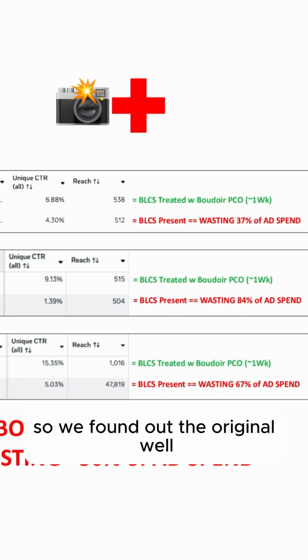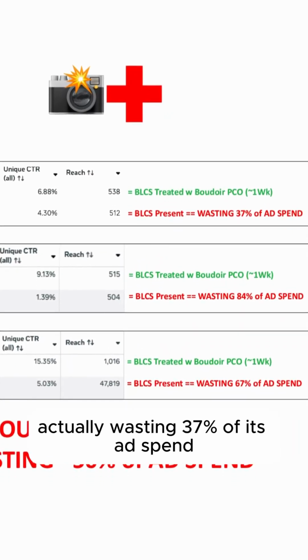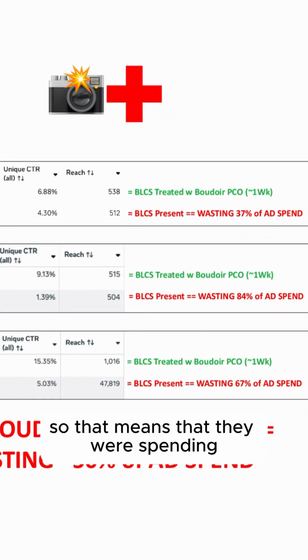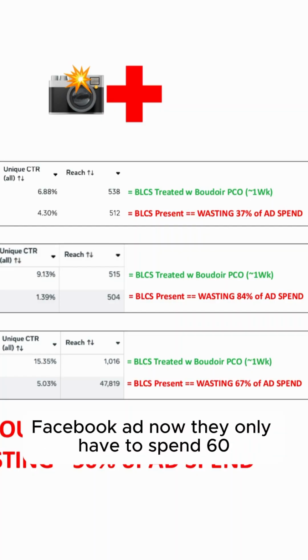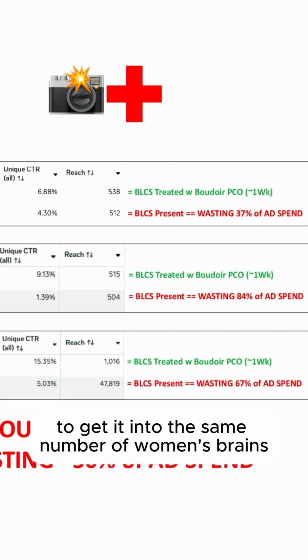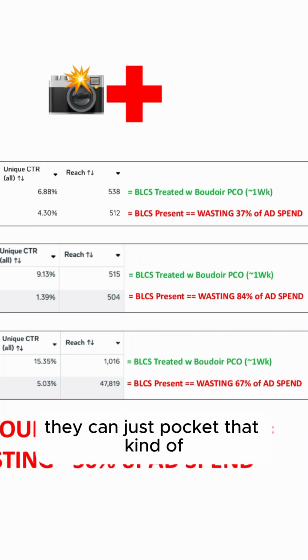So we discovered the original Boudoir Facebook ad was actually wasting 37% of its ad spend of what it could have been achieving. That means they were spending 10 grand a month on the original Boudoir Facebook ad. Now they only have to spend $6,300 a month on the Boudoir Pico treated ad to get into the same number of women's brains. So that difference, $3,700 a month, they can just pocket as a kind of phantom bonus, a Boudoir Pico bonus.